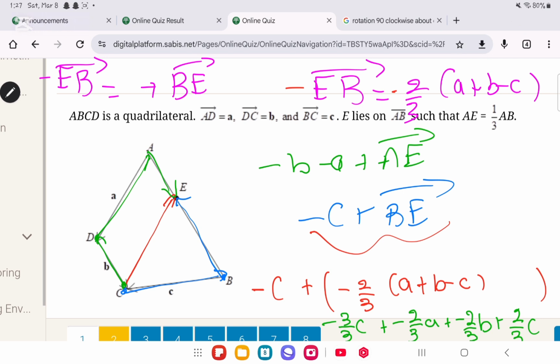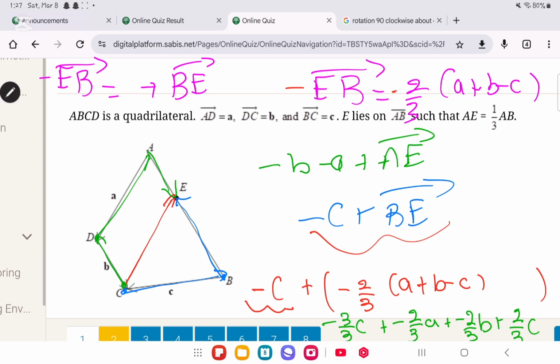By the way, why is minus C minus 3 over 3C? Very simply, 3 over 3 is 1, so minus C is the same as minus 3 over 3C. That's how I did it.